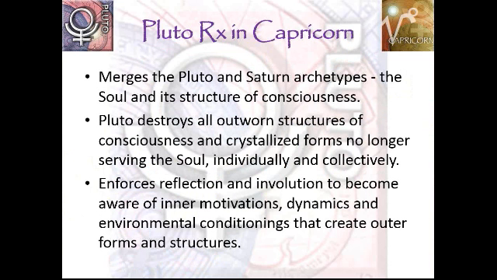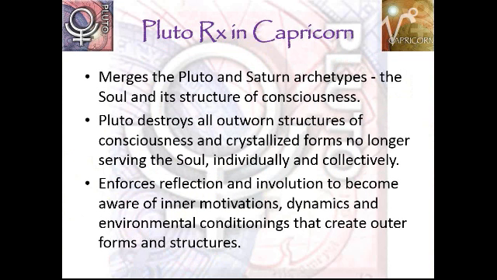And what Pluto retrograde in Capricorn does is throw us inward, to reflect. It involutes us, throws us inward, so that we become aware of all of the inner dynamics and motivations that create the outer world.